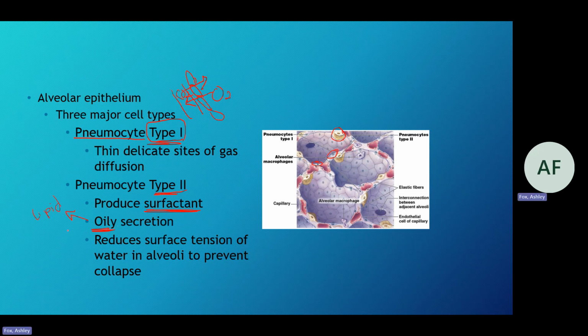Remember what happens with oil and water. You mix them, they repel. So surfactant actually reduces what we call surface tension of water. Remember, surface tension is because of hydrogen bonds. Learn that in AP1. Hydrogen bonds that water loves to make. So we have our alveoli kind of look like this.